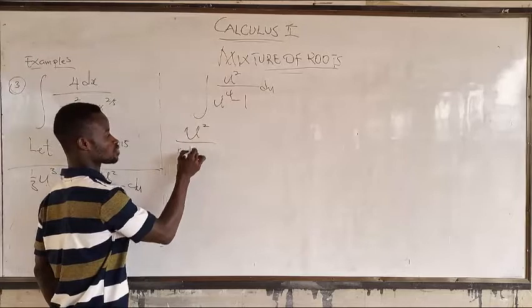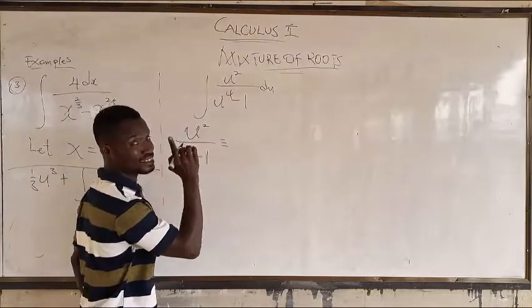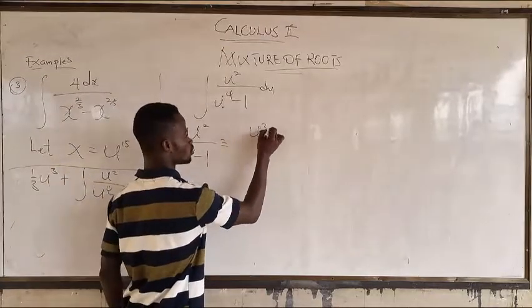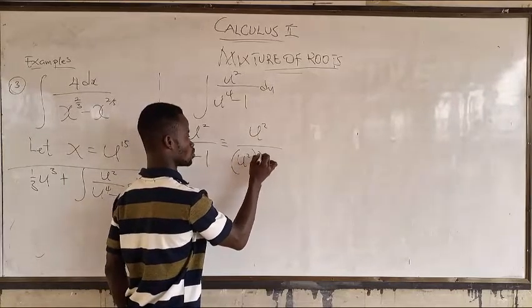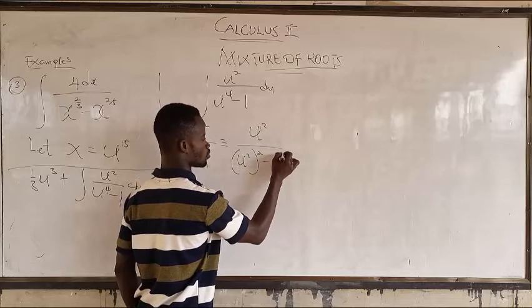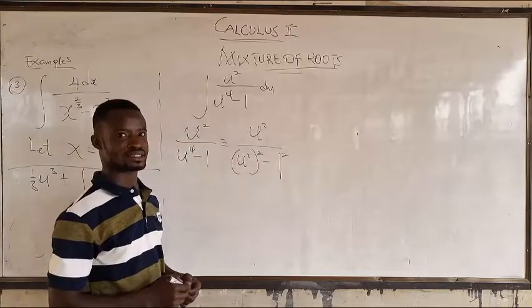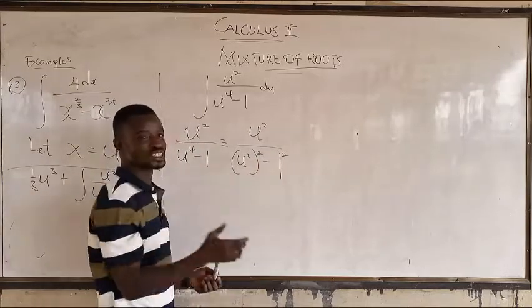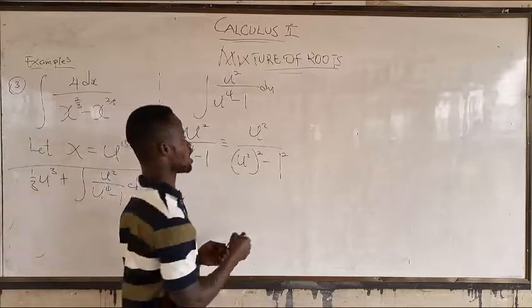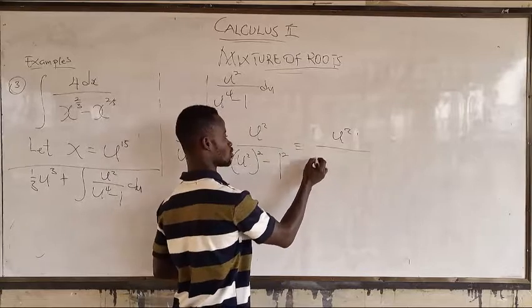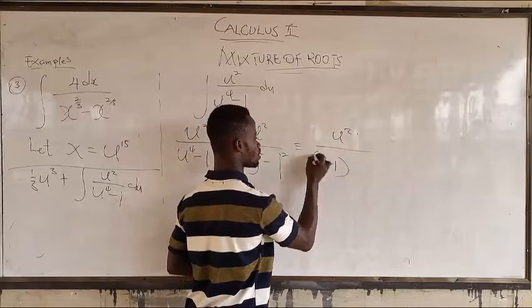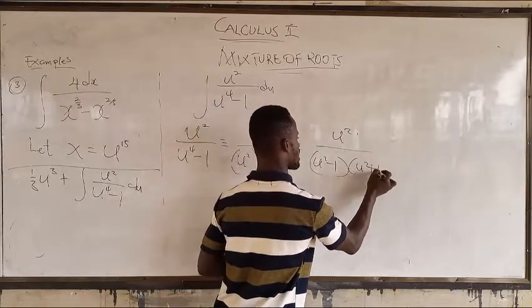this proper fraction is identical to the same as this. And this becomes a difference of two squares. This is algebra. So this is going to be identical to u square minus 1, u square plus 1.